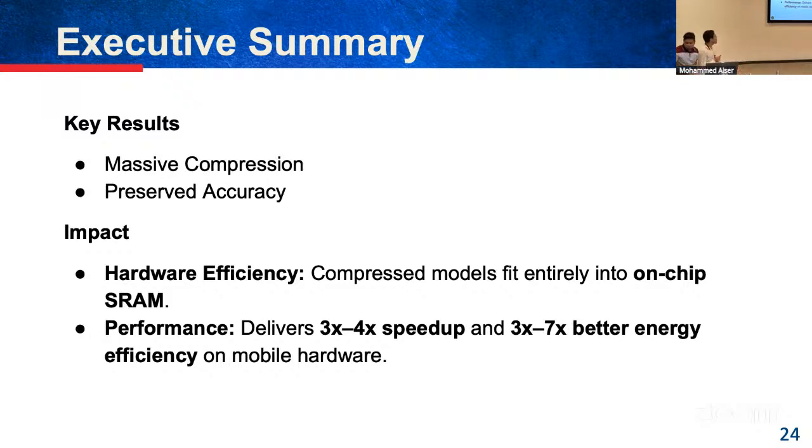Because they were able to fit the model into SRAM, they were also able to improve performance. As we can see, there is a 3 to 4 times speedup and 3 to 7 times energy efficiency.